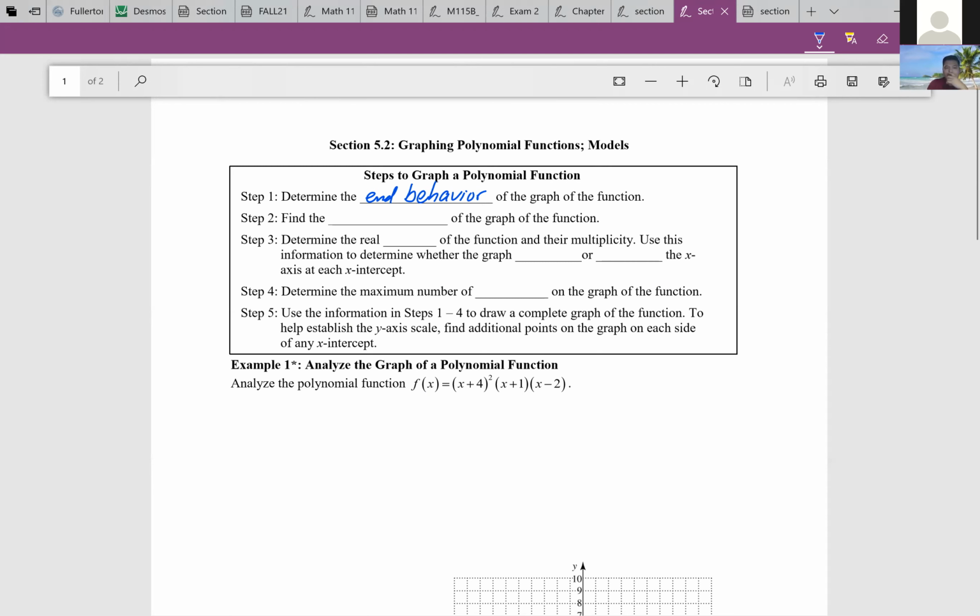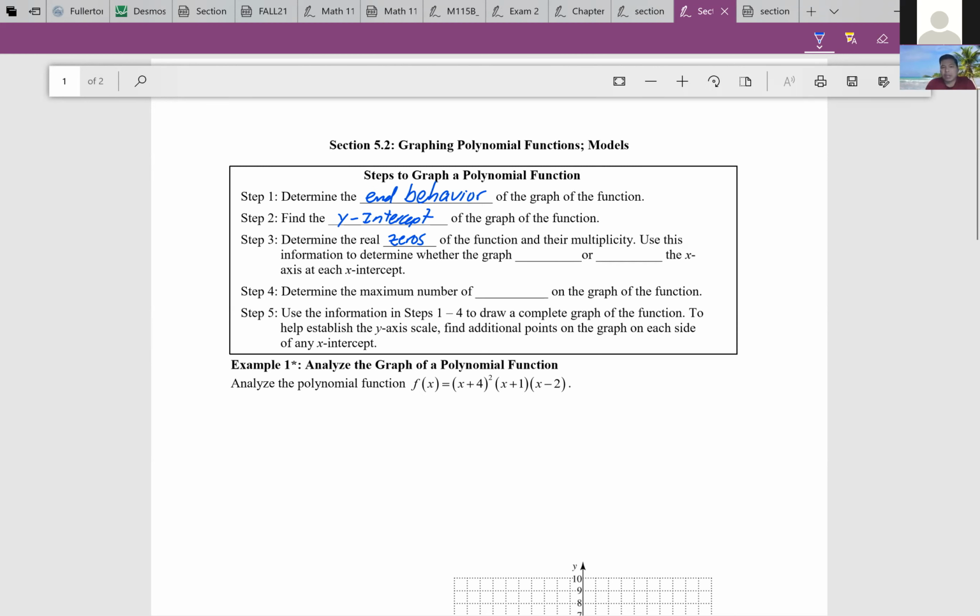And then the next one is, we find the y-intercept of the function. And then number three, determine all the real zeros of the function and their multiplicity, right?